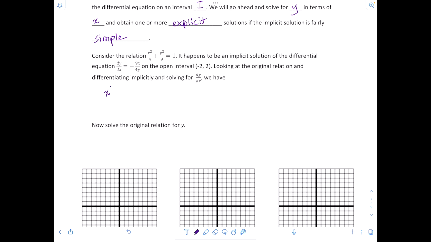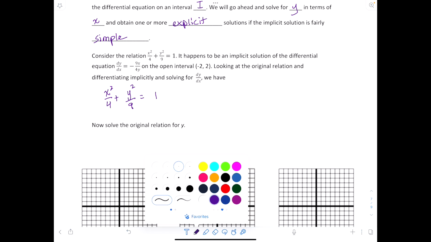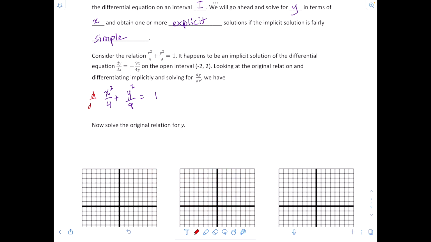So let's write it out as x squared over 4 plus y squared over 9 is equal to 1. And then evaluating d dx of both sides, we will have two x over 4, the first term is explicit, plus 2y y prime.